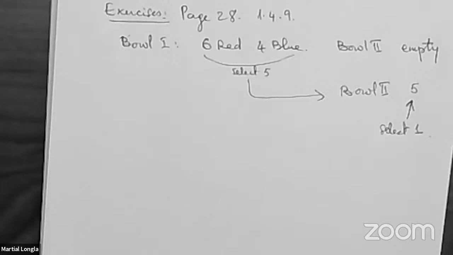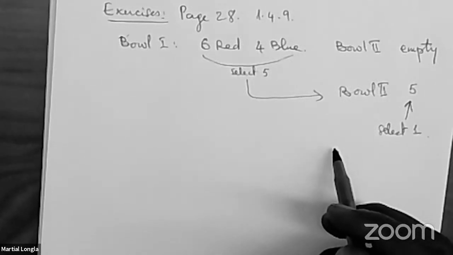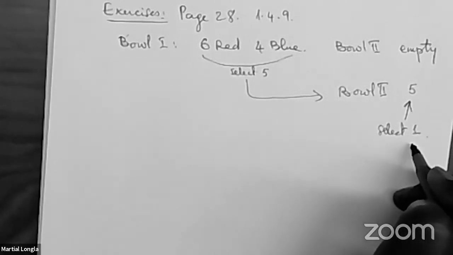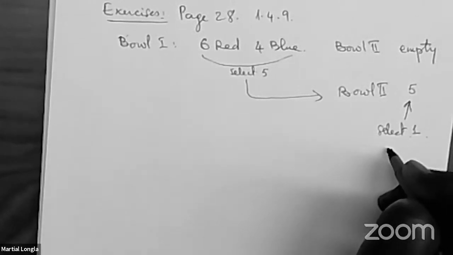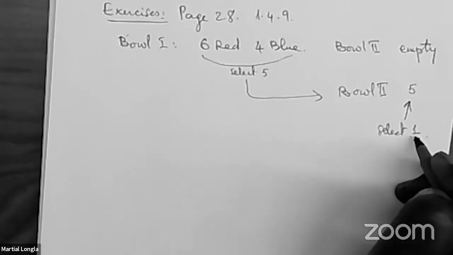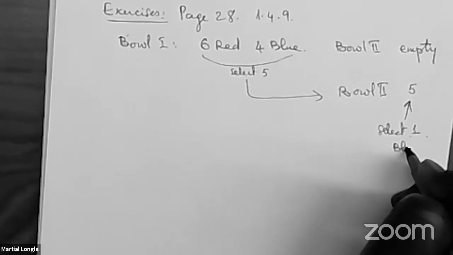What's the number in your book? 8? You see how to change it, right? So be very careful. So now we want to know, we select 1 here, and that one is, what did they say? Blue. So we select 1 and we figure that this one is blue.